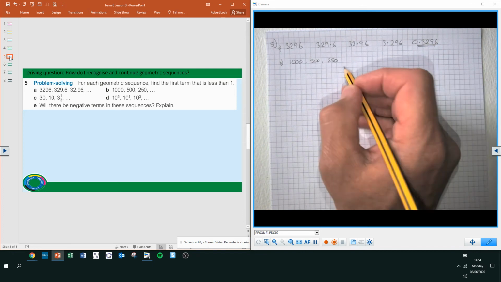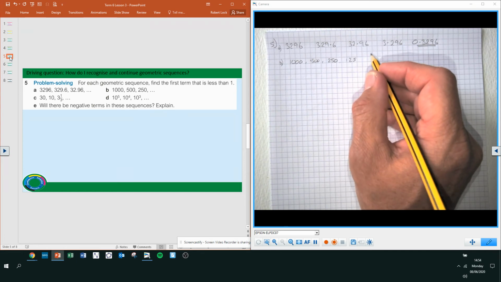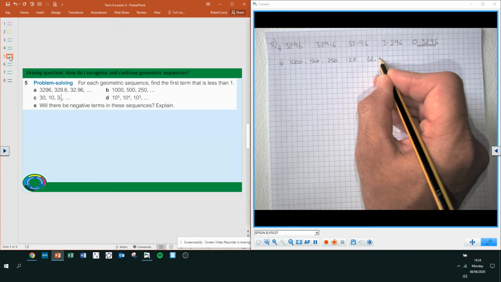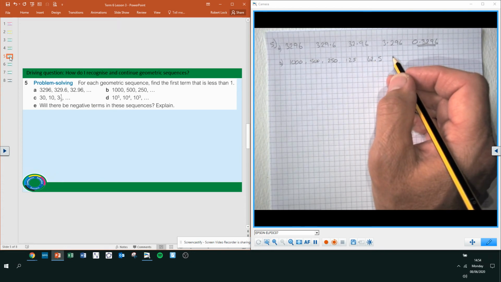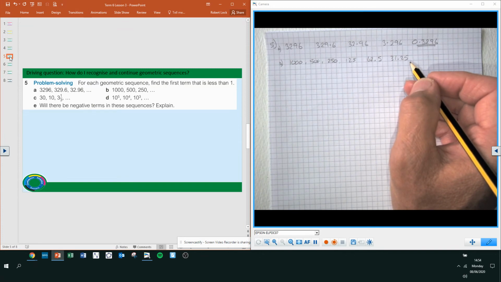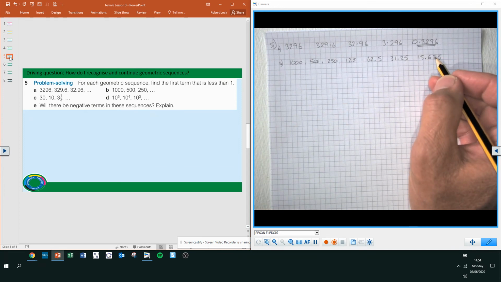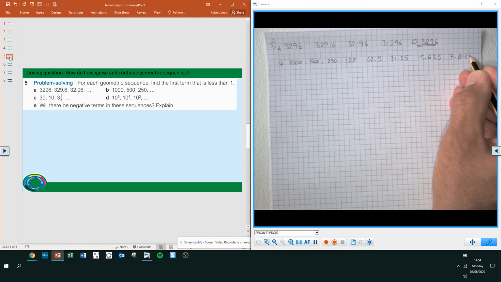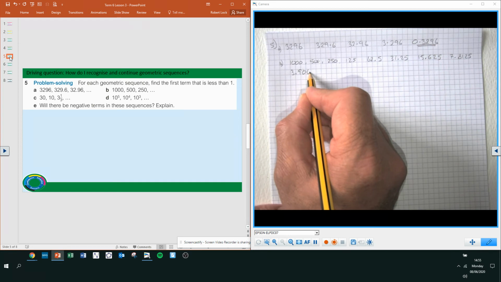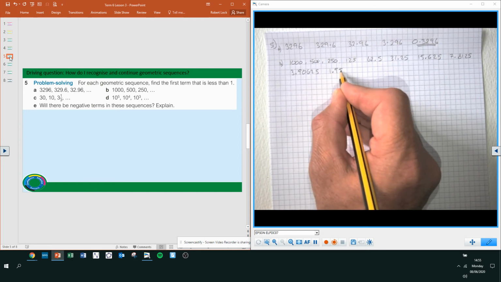Here we're halving. 125. 62.5. 31.25. 15.625. 7.8125. 3.90625. 1.953125.